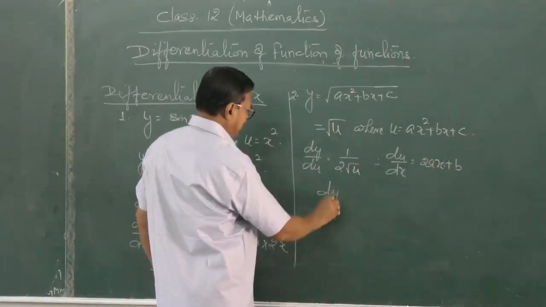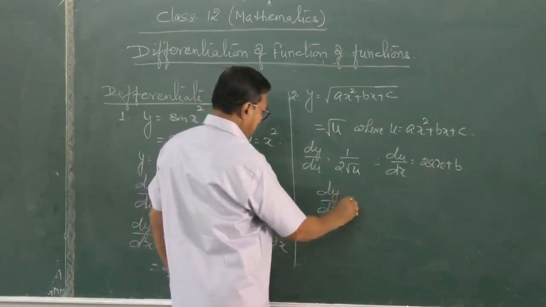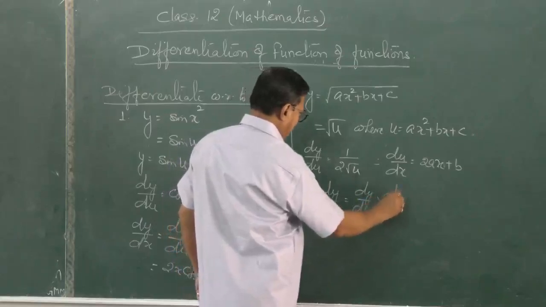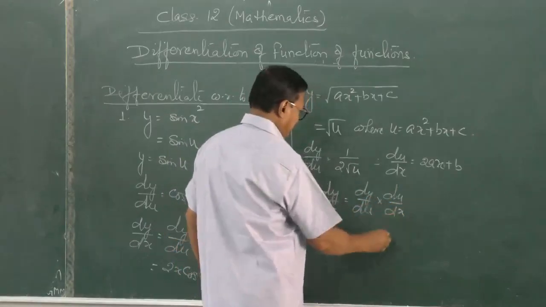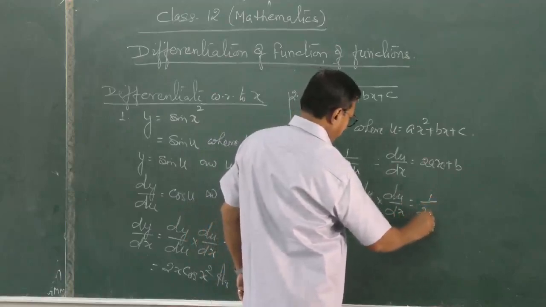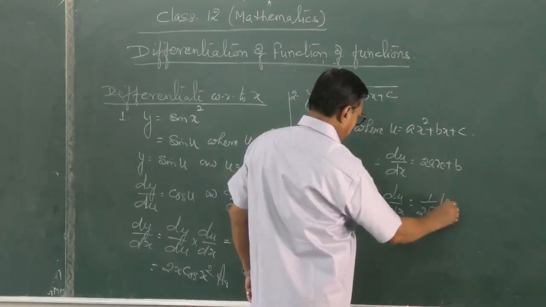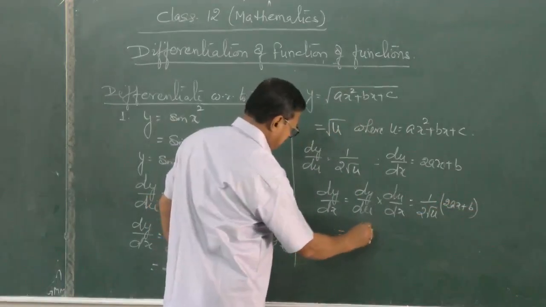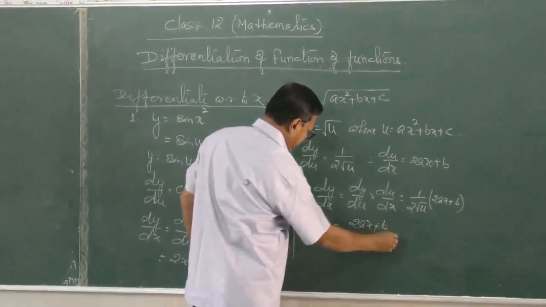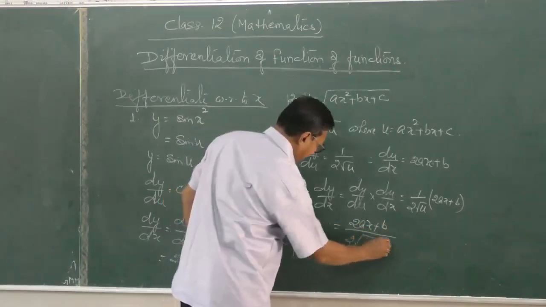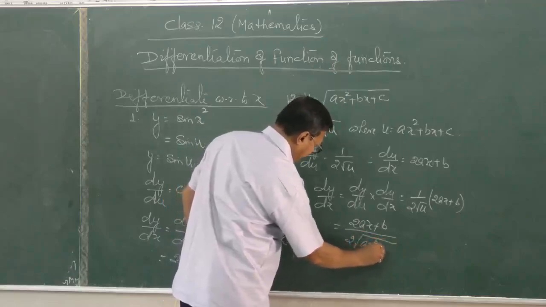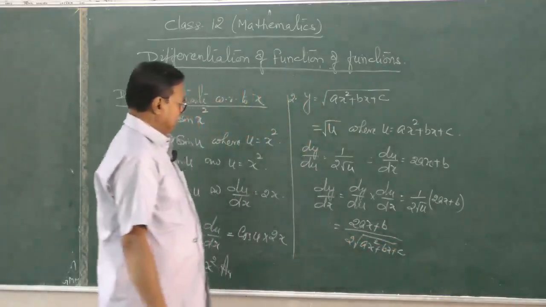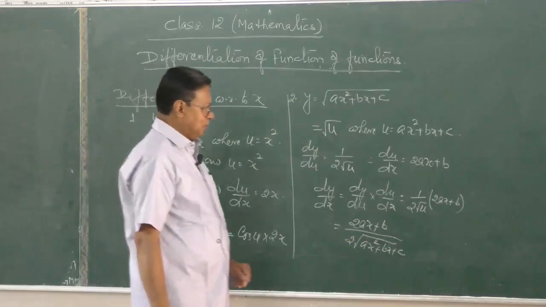So dy by dx is the product of these. So that's the answer.